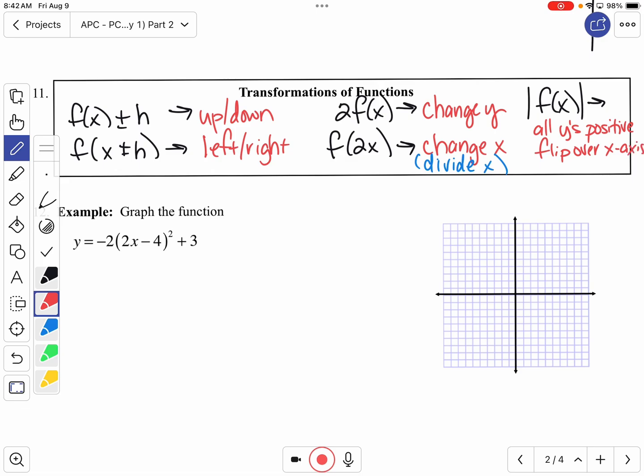Good. What's another one we did? If we have a negative in front, what does that do? Just flips it upside down. Yeah, it's a reflection over x.